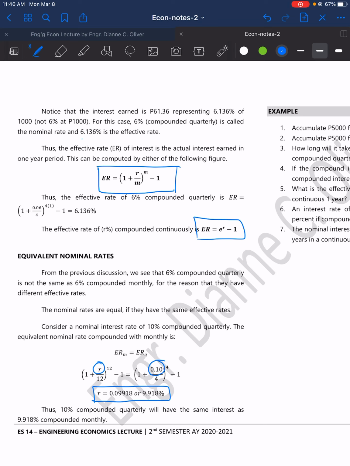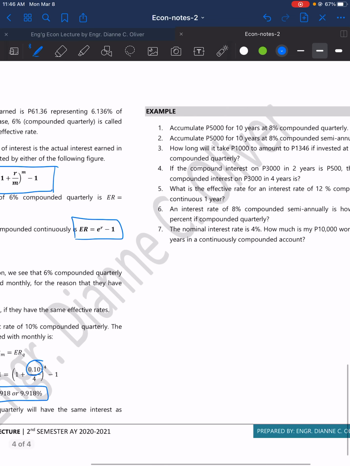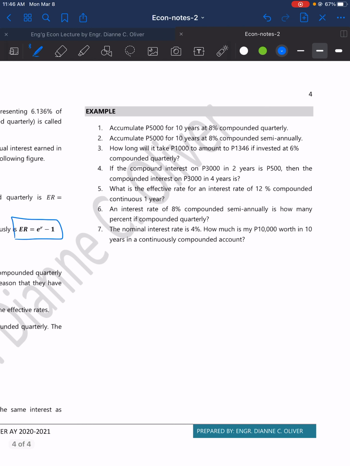So for them, they will have an equal interest, or the same interest. Now let's try to answer these examples.